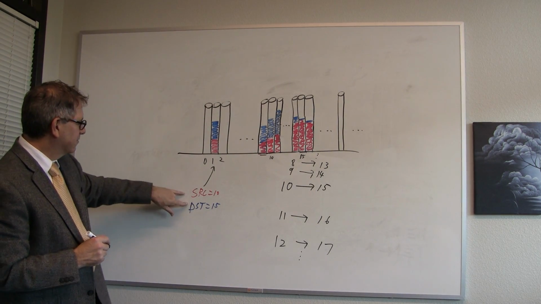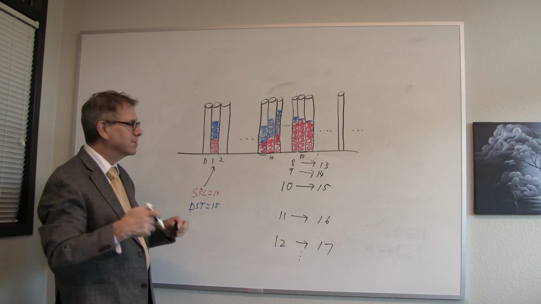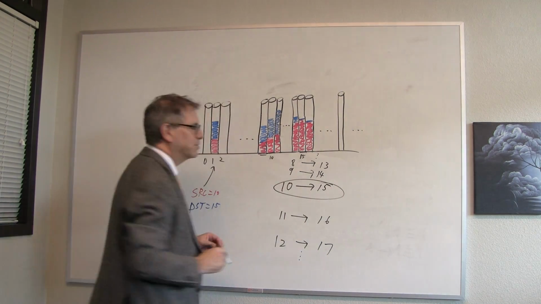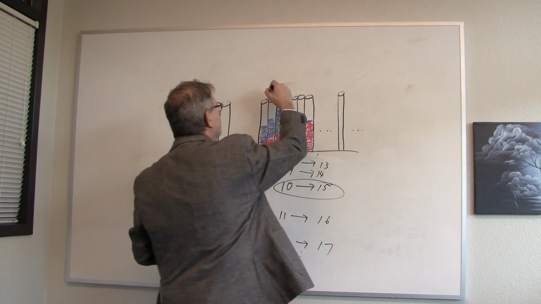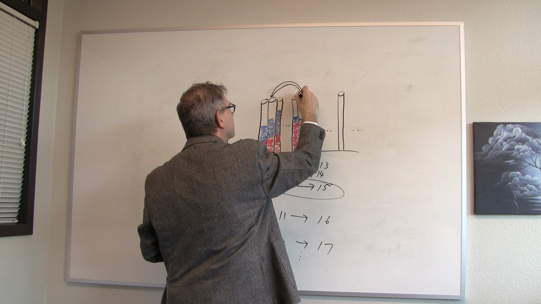So one transfer actually specifies a transfer between a lot of different locations in the system, but the most intense transfer is going to be between 10 and 15. So those get connected with a very thick conduit.